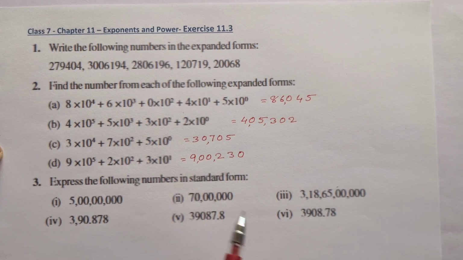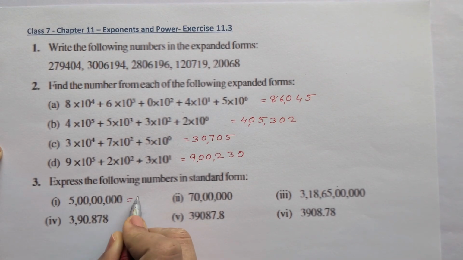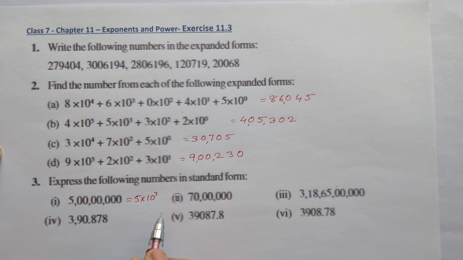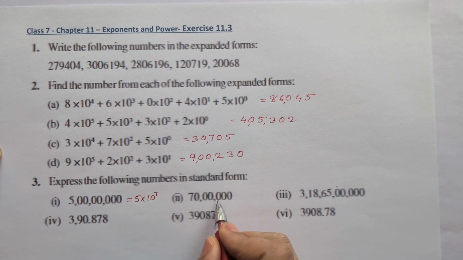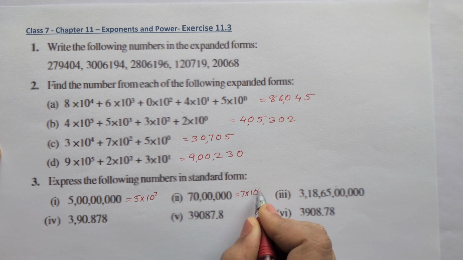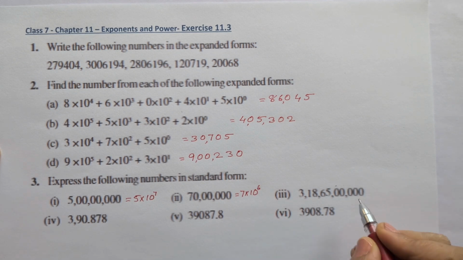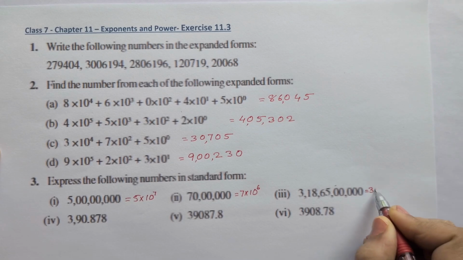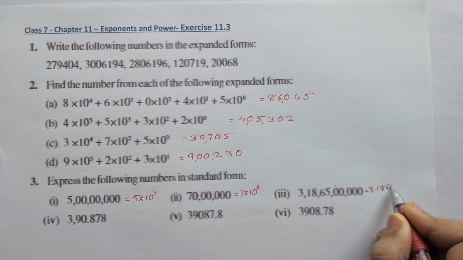Express the following numbers in standard form. Here 5 and 7 zeros, so we can write that as 5 into 10 raised to 7. Here 6 zeros, so 7 into 10 raised to 6. Here this number we can write as 3 point, the digits we have to write 1865.